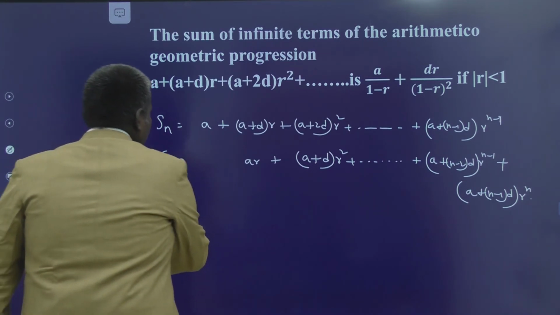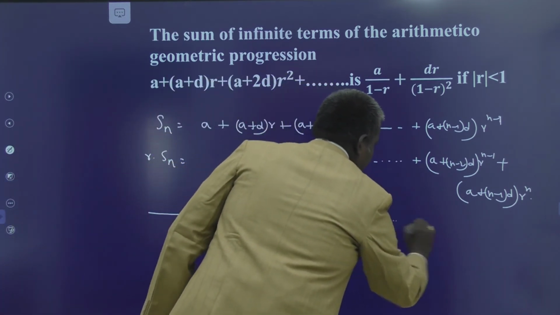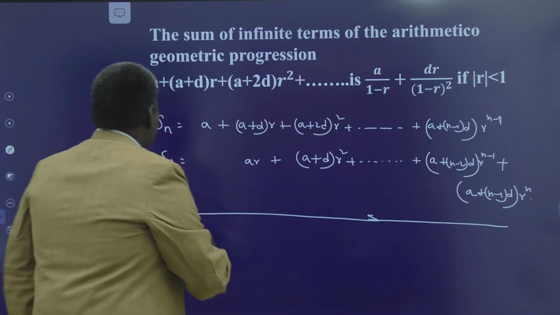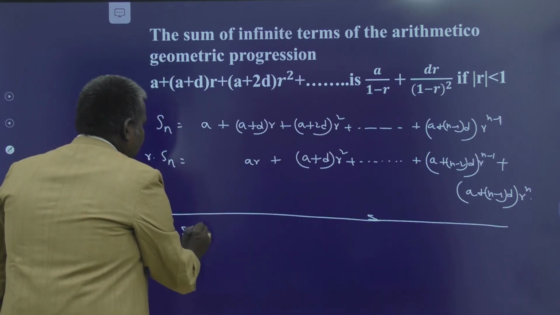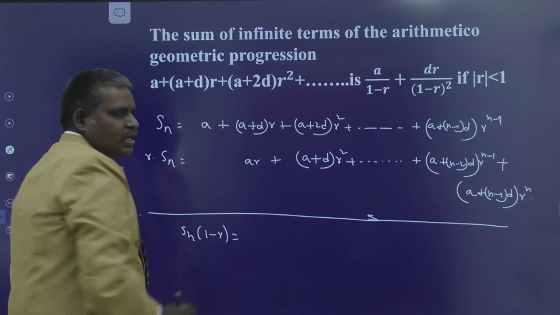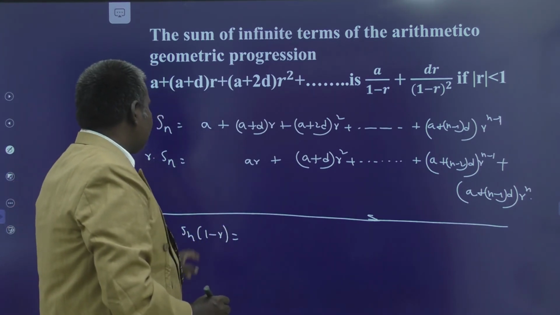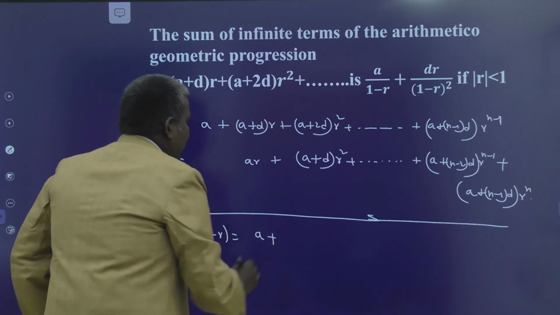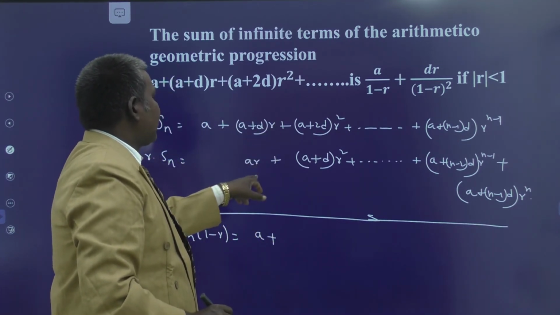Now subtract one from the other. What do we obtain? Sn times 1 minus R is equals to A, I am writing A here, plus A plus D into R minus AR.